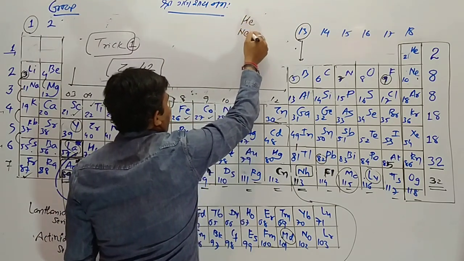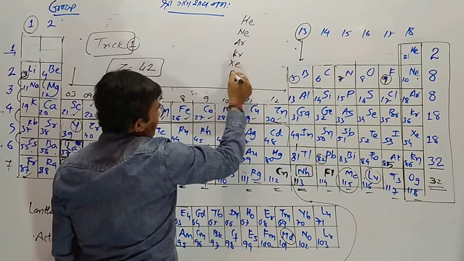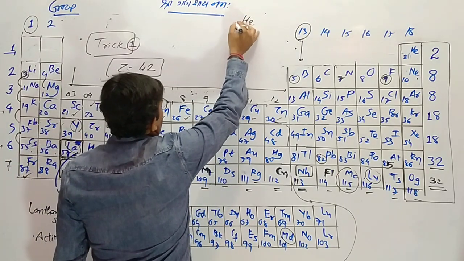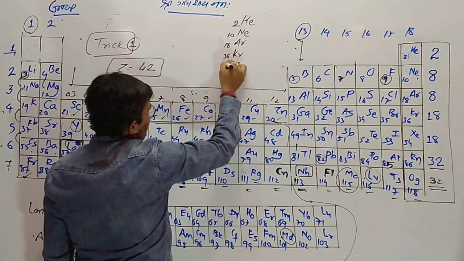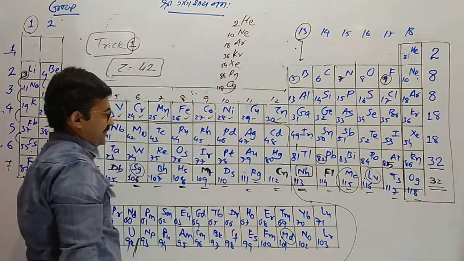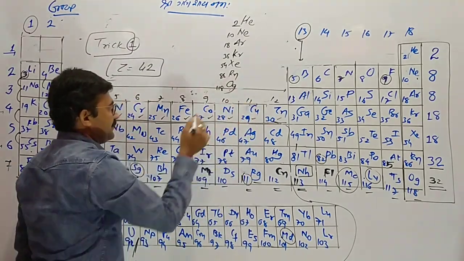Helium, neon, argon, krypton, xenon, radon and oganesson. Atomic numbers 2, 10, 18, 36, 54, 86 and 118.